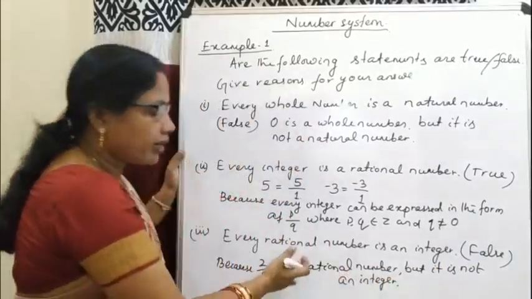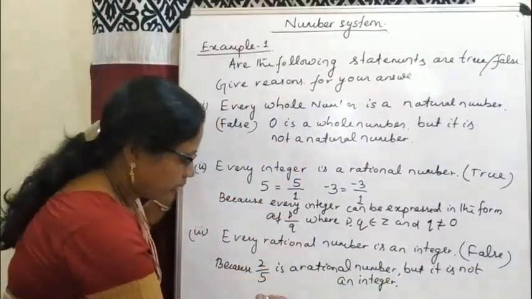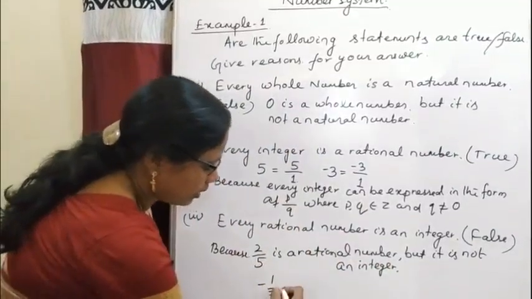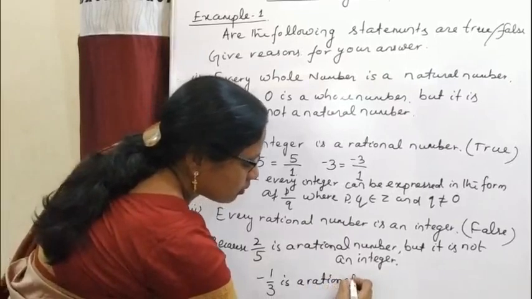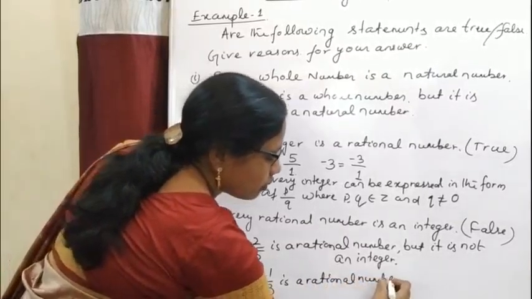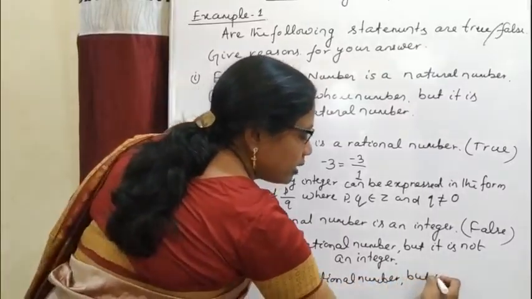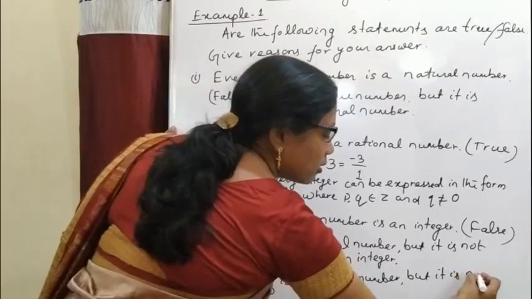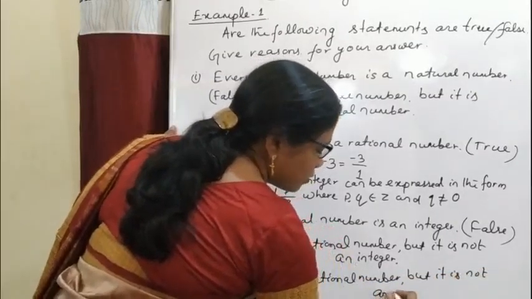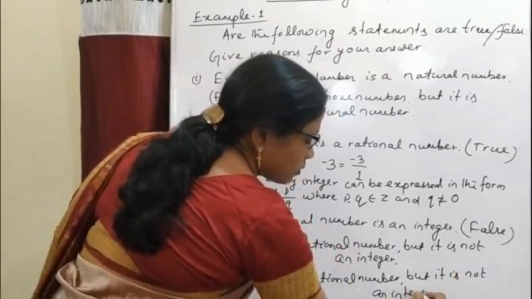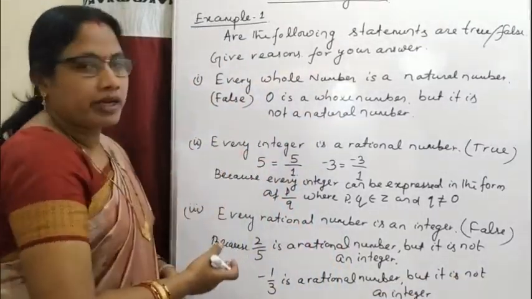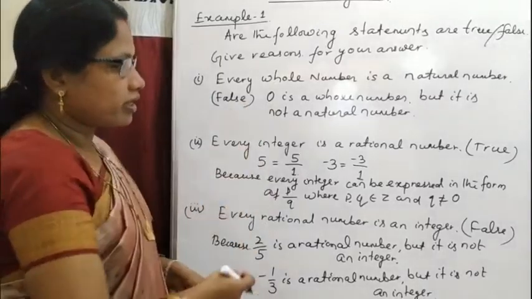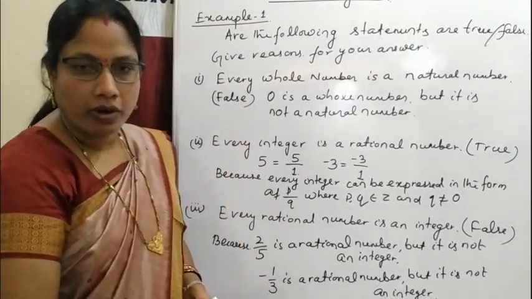So like this you can take any rational number, that is minus 1 by 3 is a rational number, but it is not an integer. So in this way we can give the reasons why the statements are true or false.